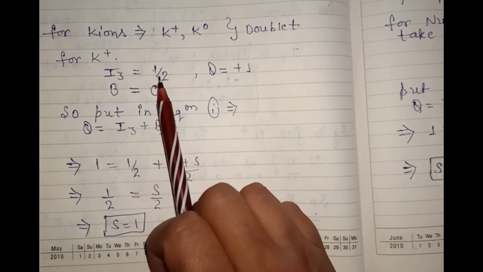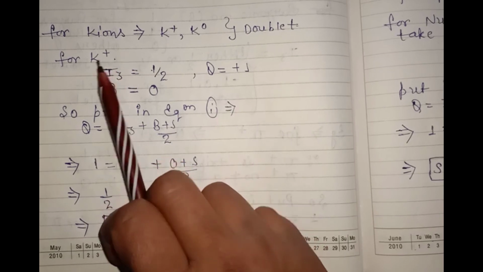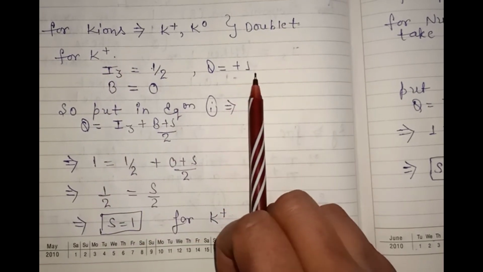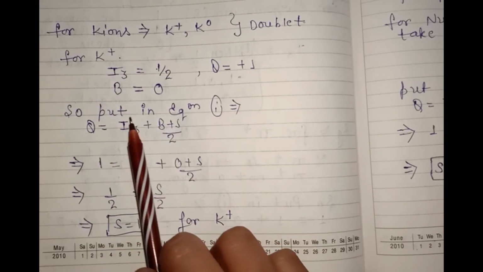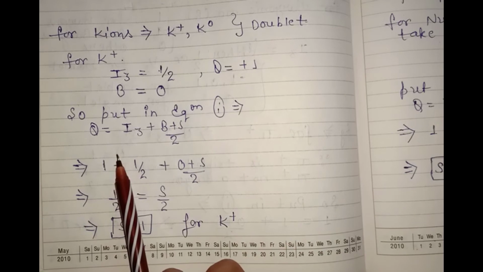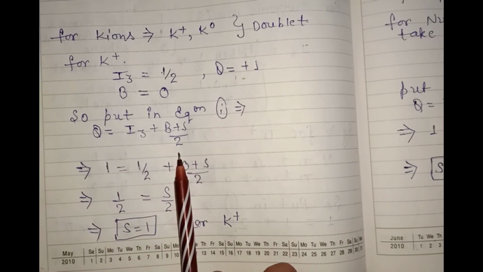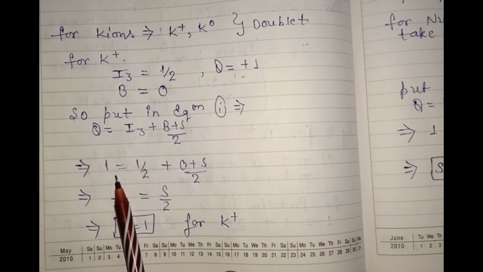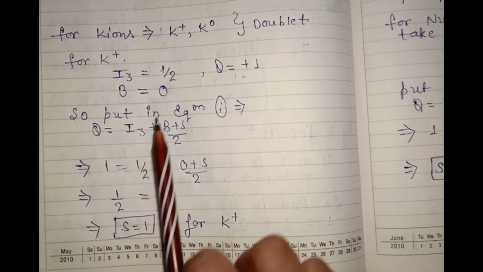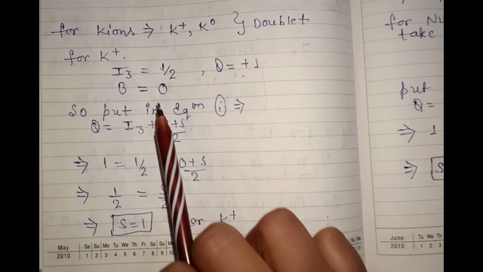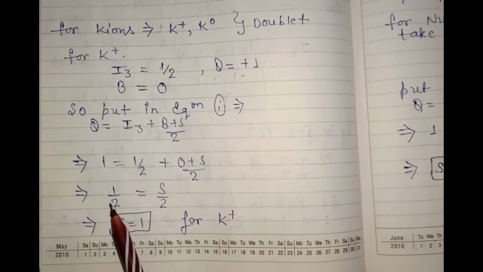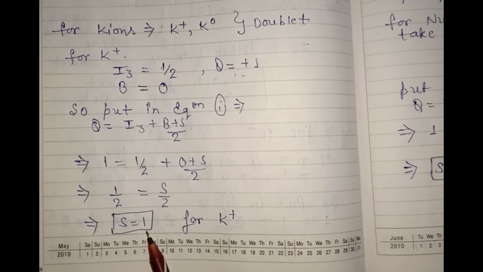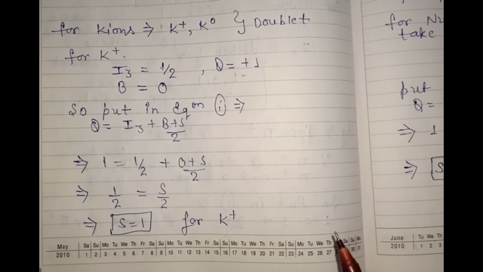I3 equals 1 by 2, the charge equals +1, and the baryonic number equals 0, because kaons are not baryons. Putting into Q equals I3 plus B plus S by 2, and solving, S equals 1 for kaons. So kaons also show strange behavior.